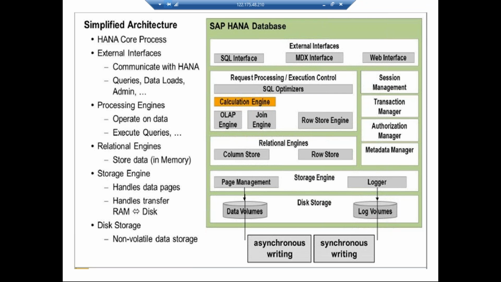There is something called the SQL plan cache. In that SQL plan cache, these execution plans will be stored. Then once the execution plan is prepared, processing will be done by the respective processing engines.